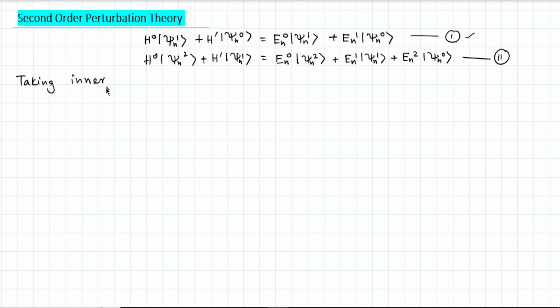At first we will write, taking inner product of equation 2 with, in the bra notation, psi n 0.